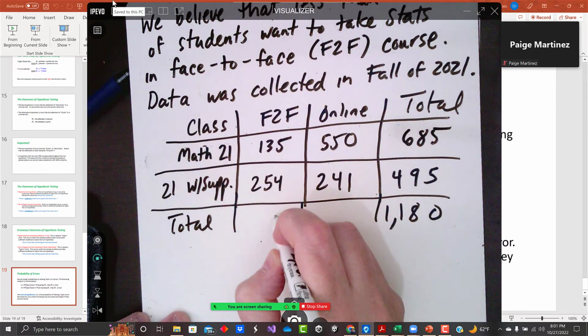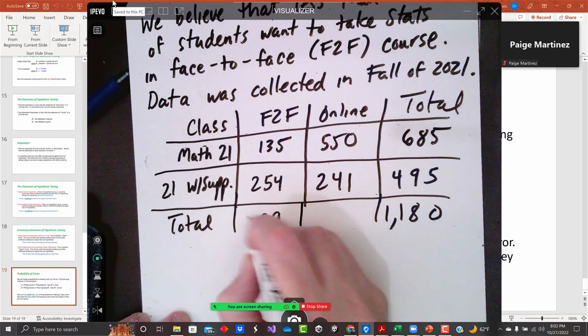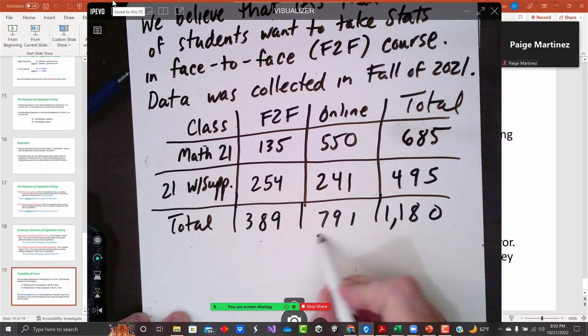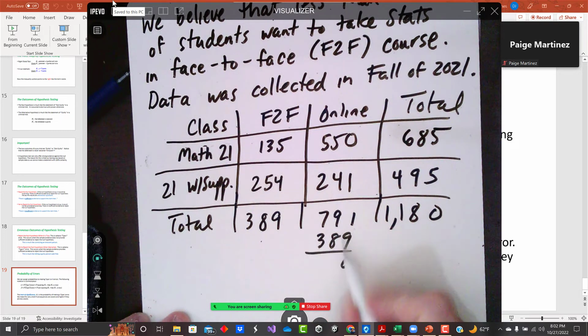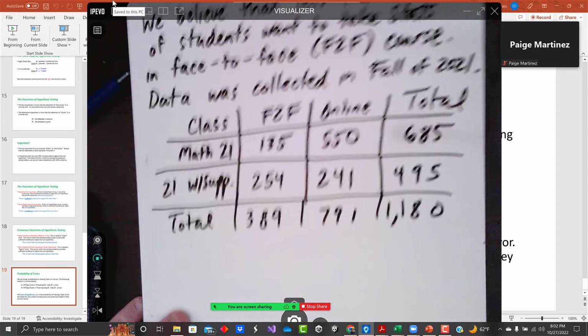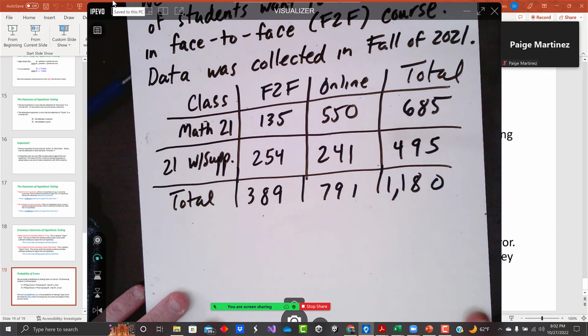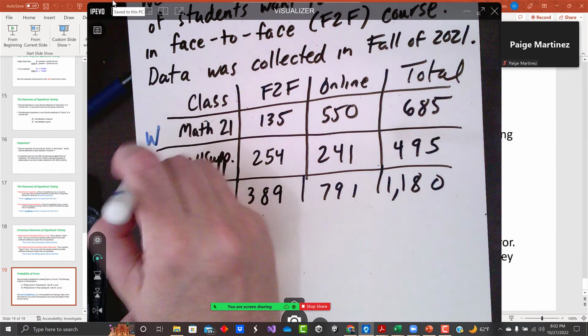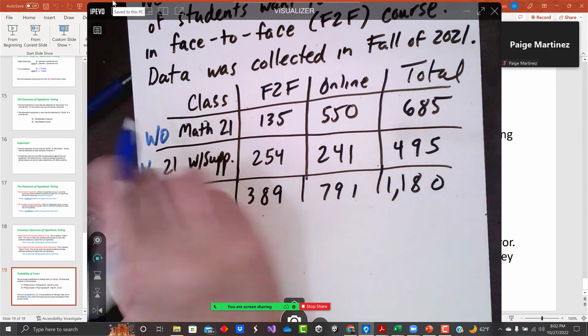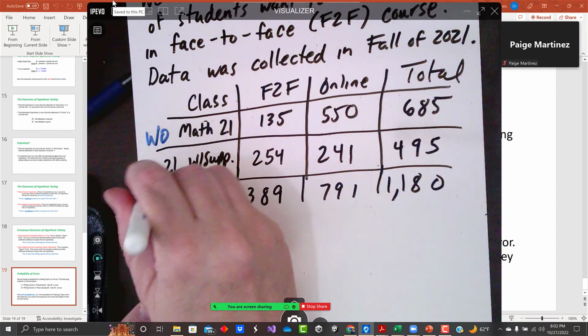Let me just make sure that works. So if I add along the bottom, I got 389 and 791. Does that add up to 1180? Yes, that adds up to 1180. So I'm going to call this WO and W, without support or with support.